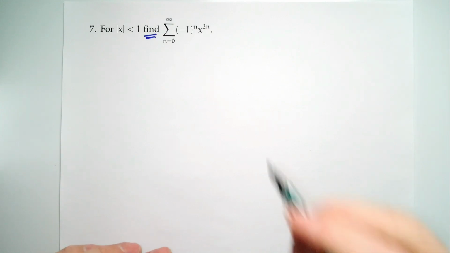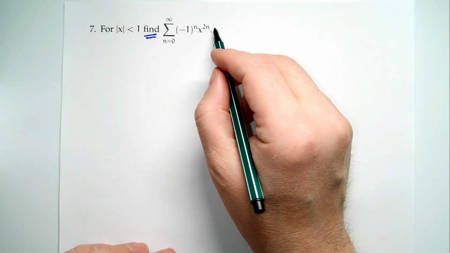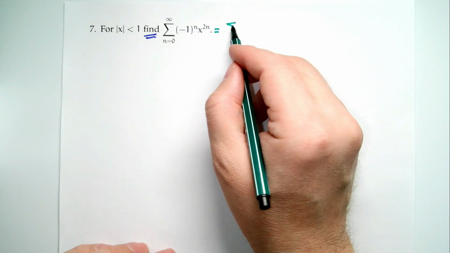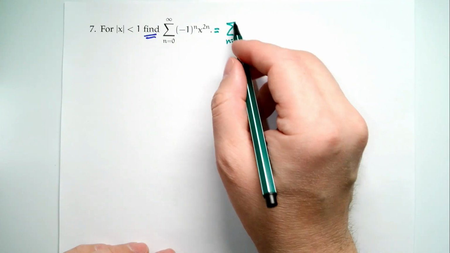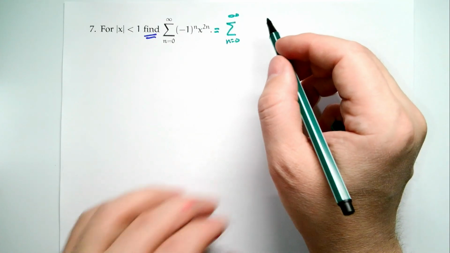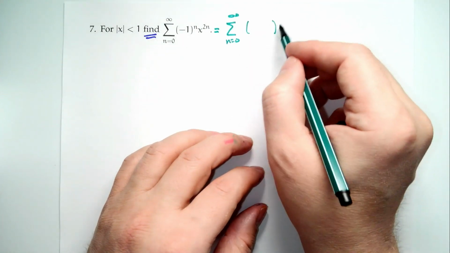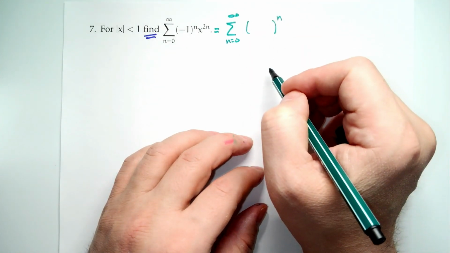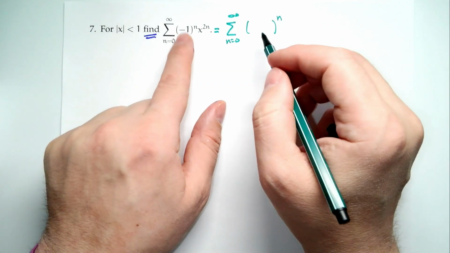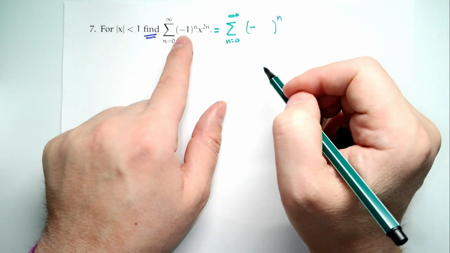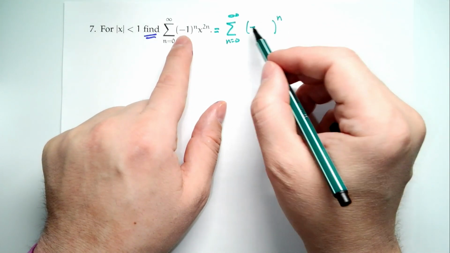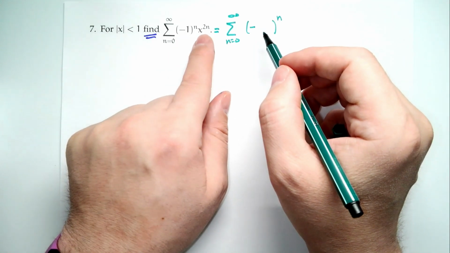All right, so let's see if we can make it look even more geometric-y. So that would be the sum, n equals 0 to infinity. One thing we can do is have just one big thing raised to the nth power. Well, that's not so bad. There's a negative sign, because that'll take care of that negative 1 to the n. How about this x to the 2n?